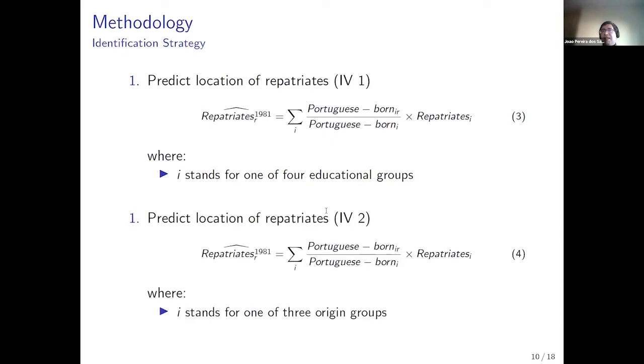We extend this idea to also exploit their origin from Africa. So if more repatriates from Angola were born in a given municipality in Portugal, that municipality is predicted to attract more repatriates from Angola. The same is done for Mozambique and the rest of the Portuguese-speaking countries.